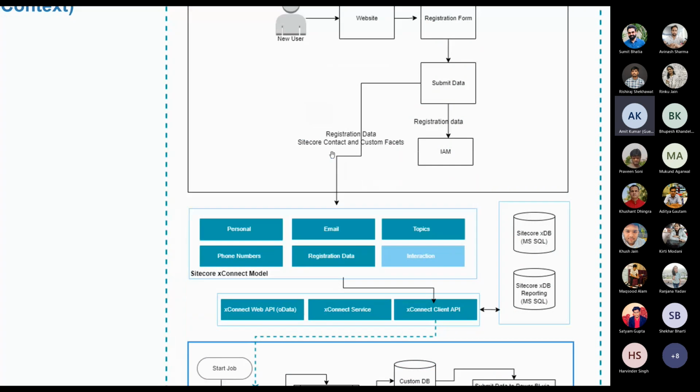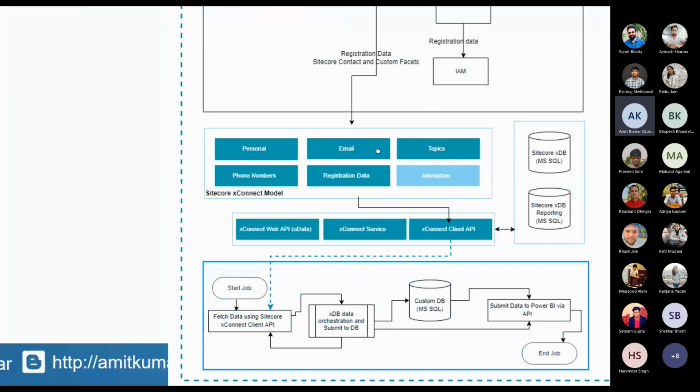And within this piece of code or flow, you need to create a Sitecore contact, because once you create the Sitecore contact, only then can you push data to the XDB, and you can identify your user as a known user at this point. In this option, I will have a batch job.